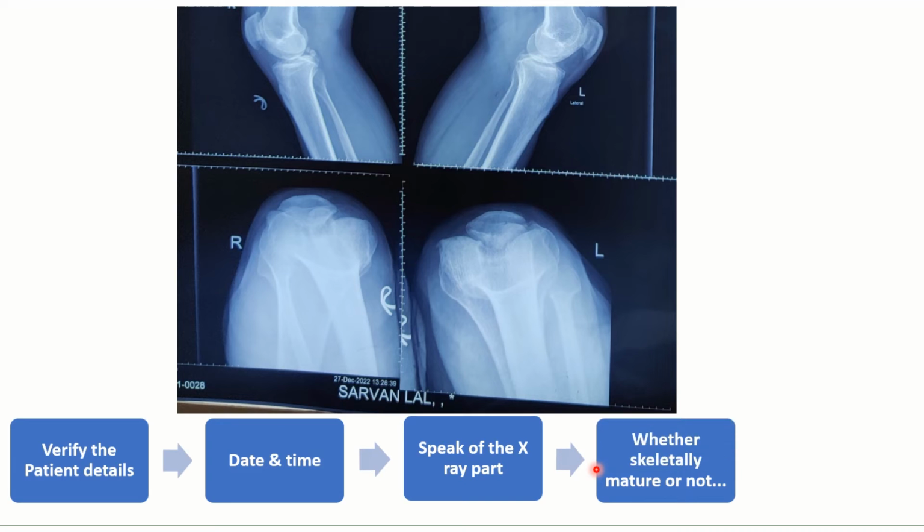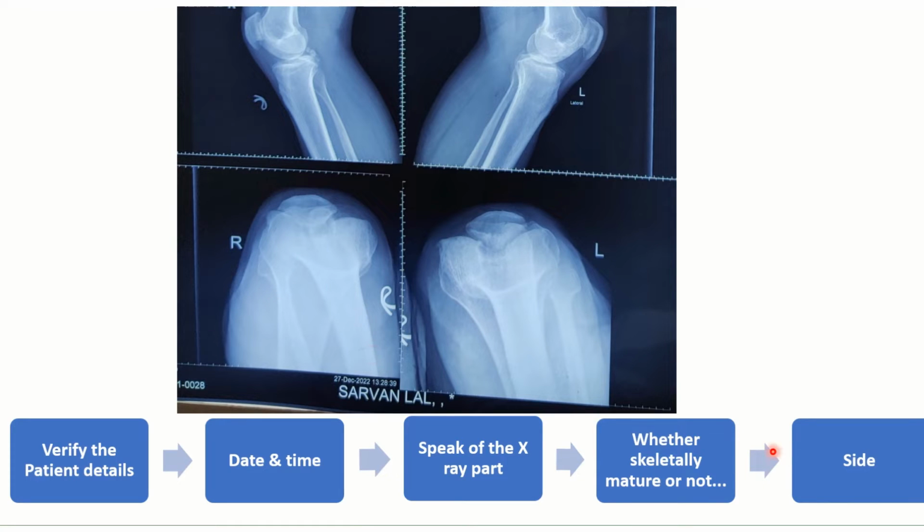After that, we have to make a statement whether this X-ray is of a skeletally mature person or not. So the X-ray, as we can see here, is that of a skeletally mature patient. So we can say that this is an X-ray of the knee joint of Mr. Shravan Lal taken on 27th December 2022, and it seems to be a skeletally mature person.